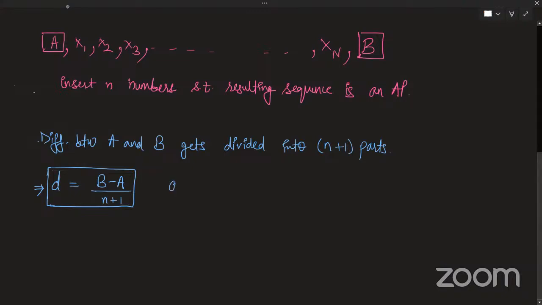And what is the first term? The first term is basically x1. x1 is A plus D, correct? So what is A plus D? A plus (B minus A) by (n plus 1). So it is (B plus nA) by (n plus 1).